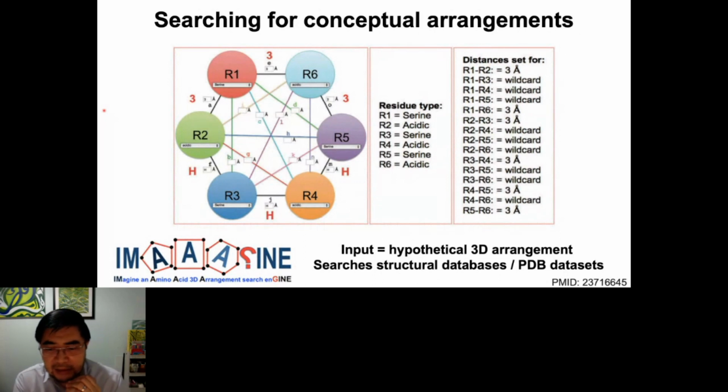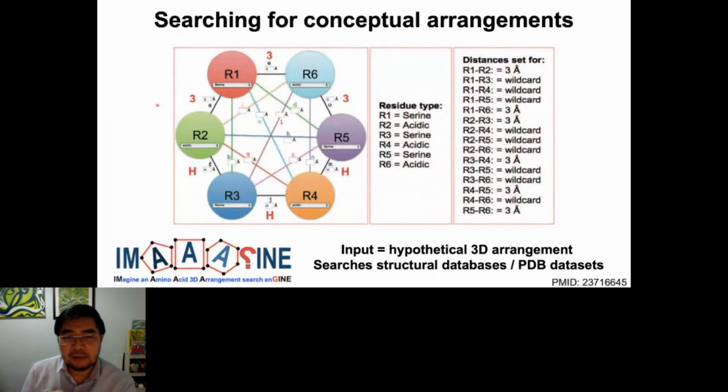In this particular case, instead of providing an actual pattern or an actual 3D arrangement as the query, what the program takes as input is a hypothetical 3D arrangement, where you can define what residues you are interested in and the relationship between them being the distance.